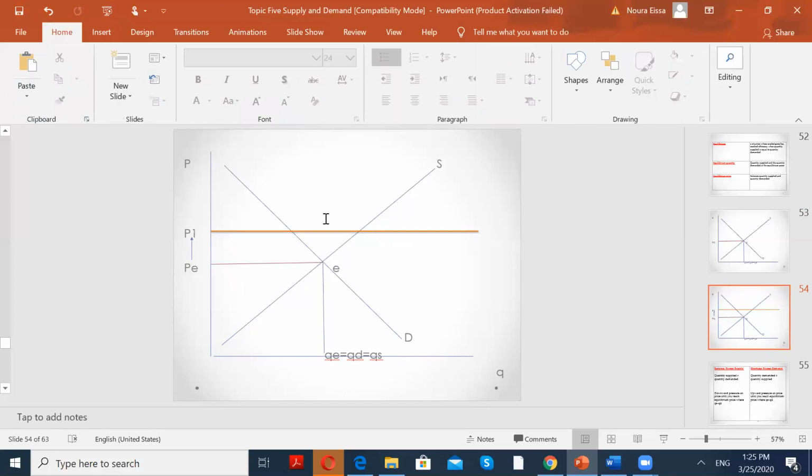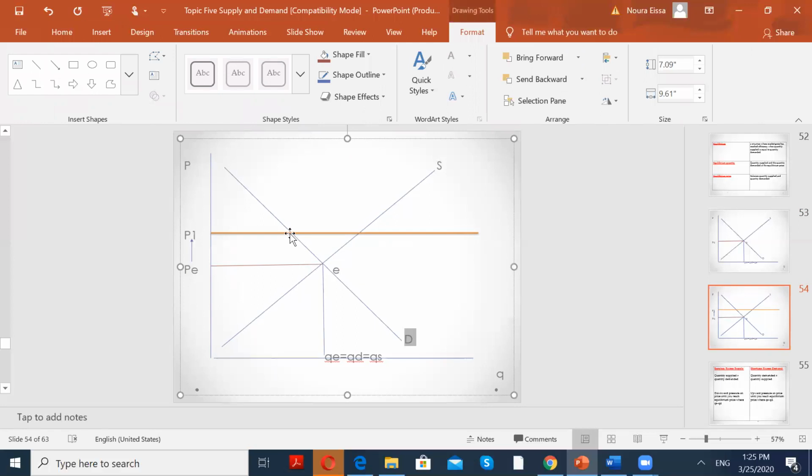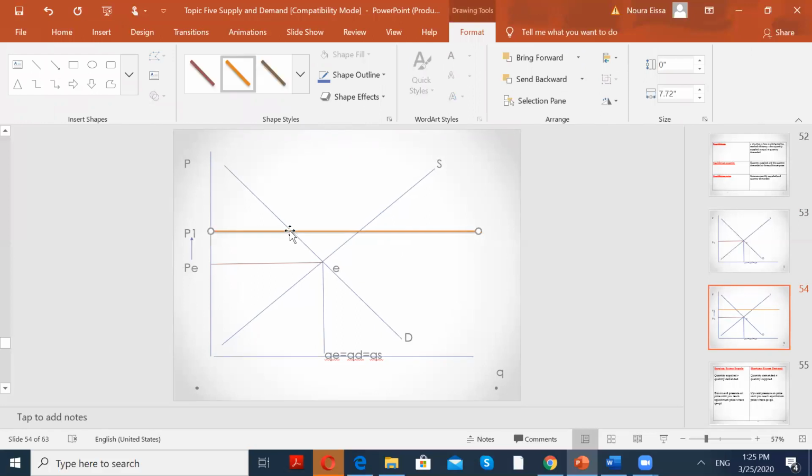Okay. All right. Now this point right here, this quantity here, is this on the supply curve or the demand curve? This point right here is on your demand curve. So this is quantity demanded. Let's label that. This is right here.